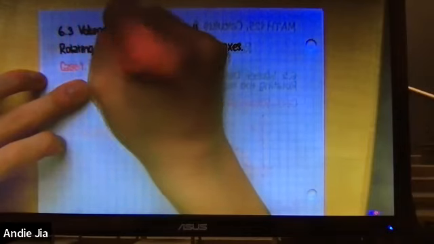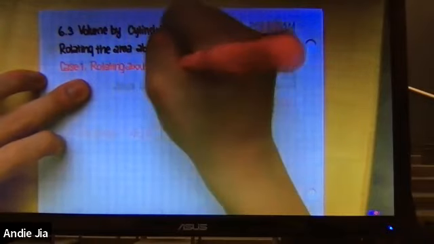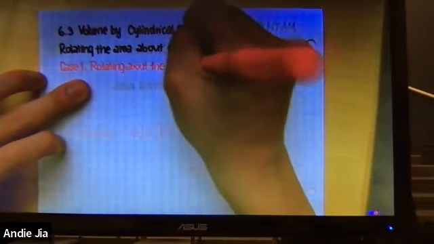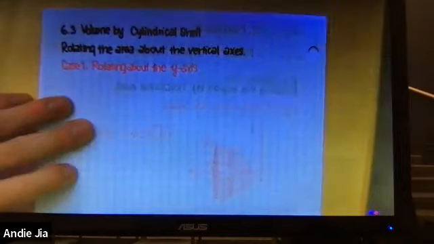So it's case 1, it's just rotating about the y-axis. So like shell.